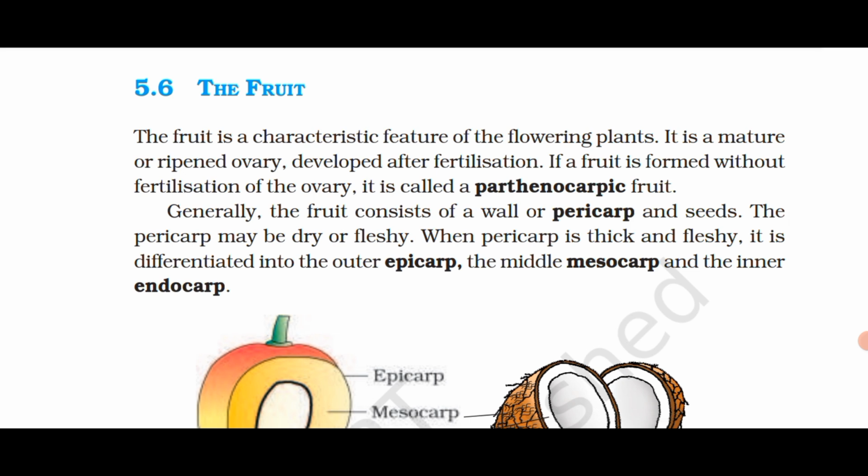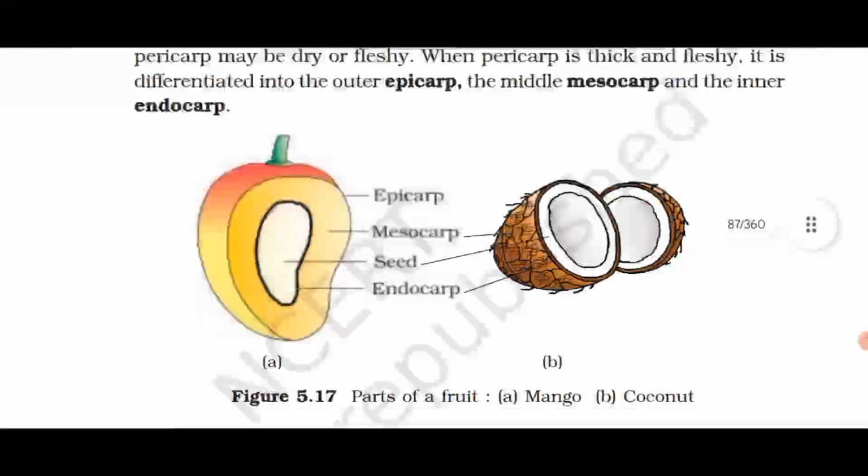Generally, the fruit consists of a wall or pericarp and seeds. The pericarp may be dry or fleshy. When pericarp is thick and fleshy, it is differentiated into the outer epicarp, middle mesocarp, and inner endocarp.